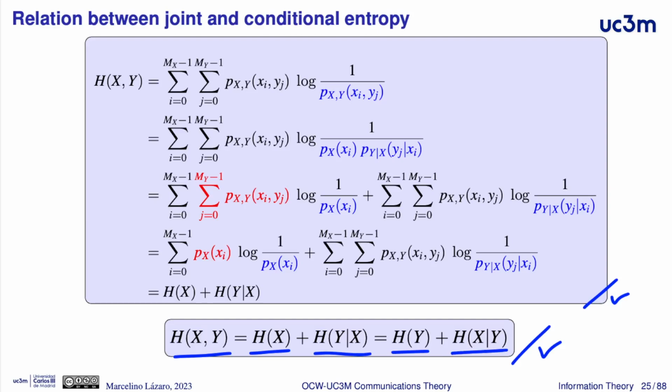The joint entropy can be written as the addition of the entropy of y plus the conditional entropy of x given y. The general result is that when we have a joint entropy between two random variables, we have the entropy of one of them plus the conditional entropy of the second one given the first one.